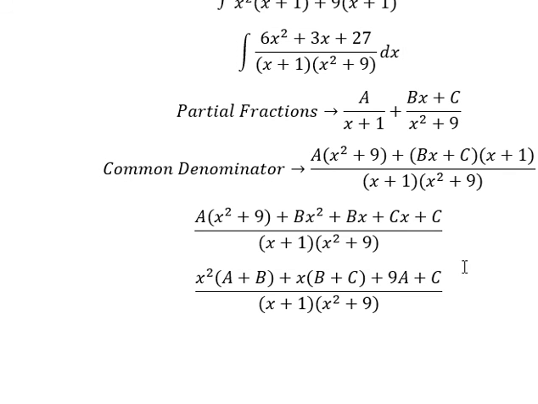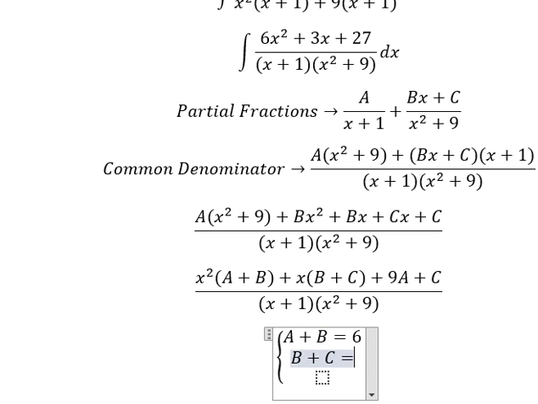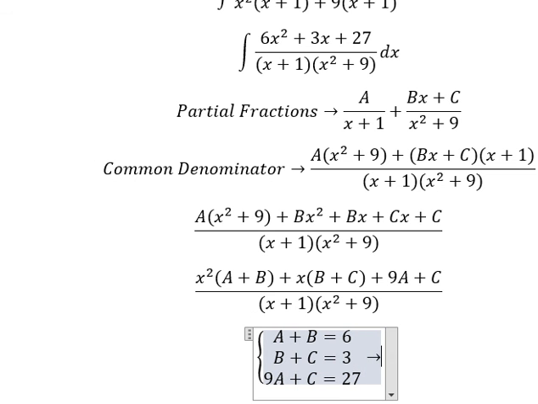And now we create the system of equations: a plus b equals 6, b plus c equals 3, 9a plus c equals 27. And now we need to find the solutions of a, b, c.